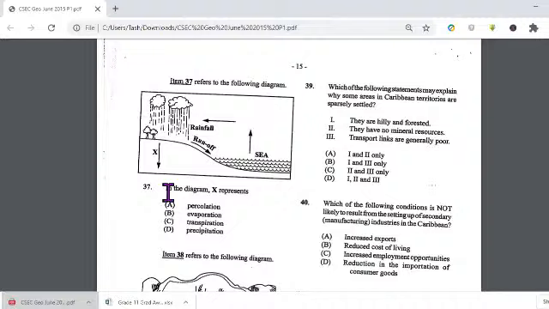So percolation is when the water is actually going down into the Earth's surface. B, evaporation, is when the water is going up. C, transpiration is when it's going up from plants, and then precipitation would have been your rainfall in this specific case. So our answer for number 37 is going to be letter A.